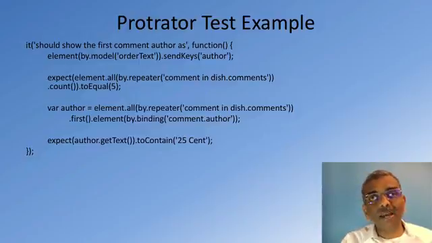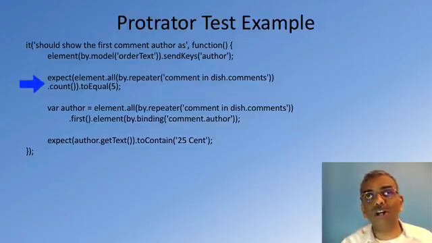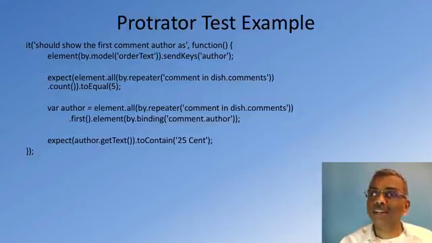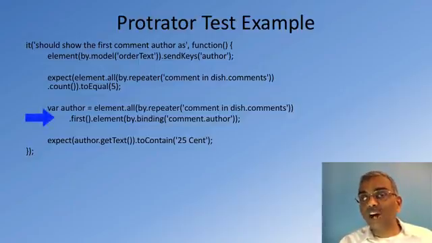So after that, I am checking some details there. I'm saying expect element all by repeater, comment in dish comments, count to equal 5. Remember that there were 5 comments for this dish, so I am checking to make sure that there are 5 comments there. Then I am extracting the author's name for the very first comment.